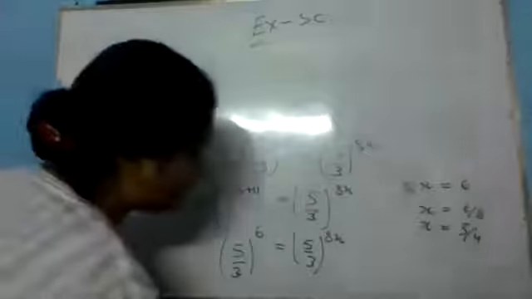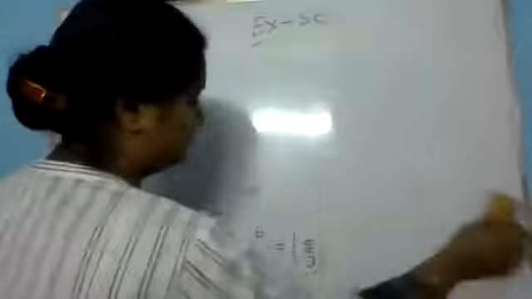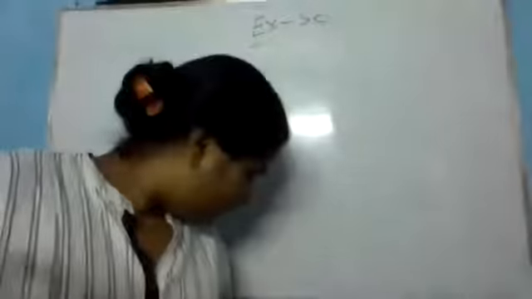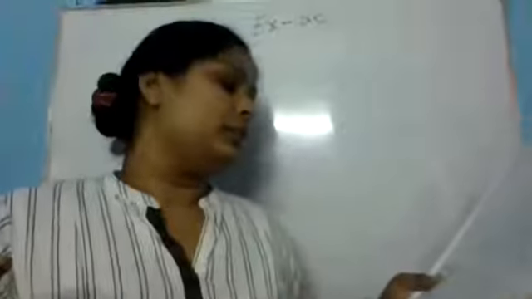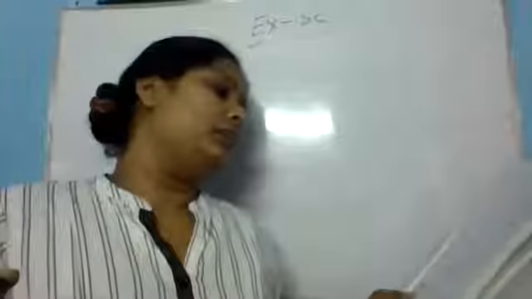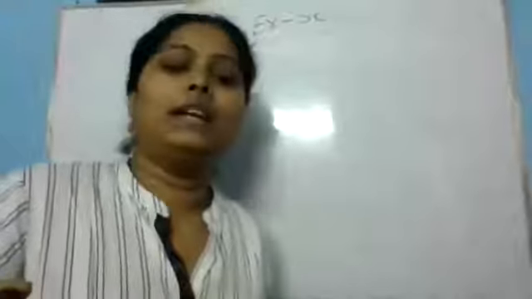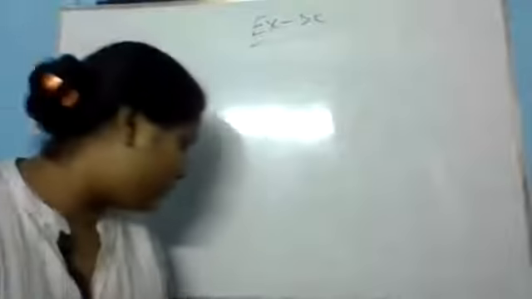Okay, any other question? By what number should minus 8 to the power minus 1 be multiplied to get 10 to the power minus 1?